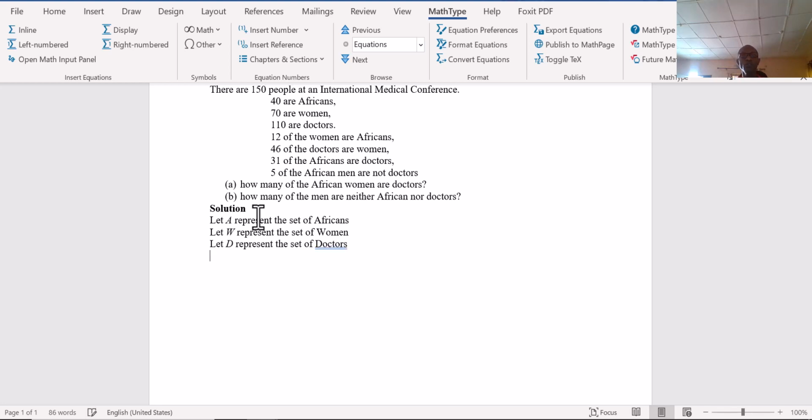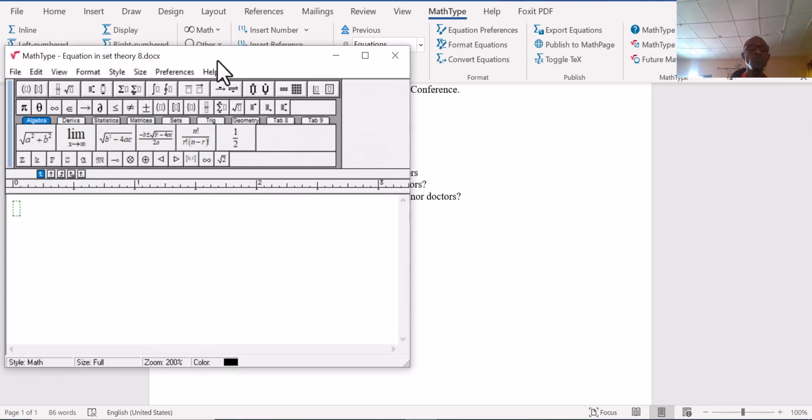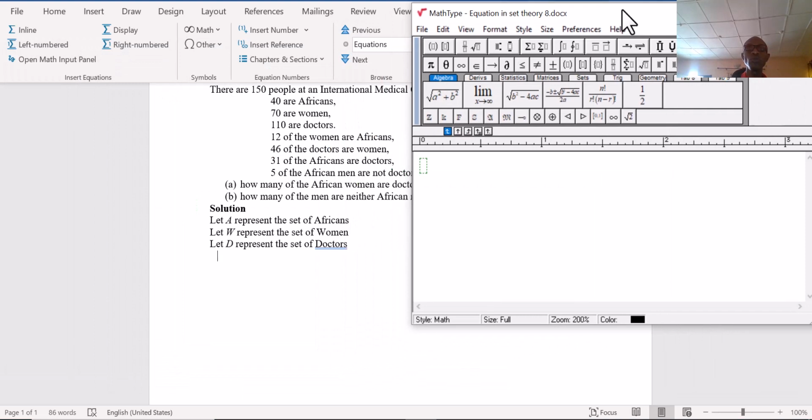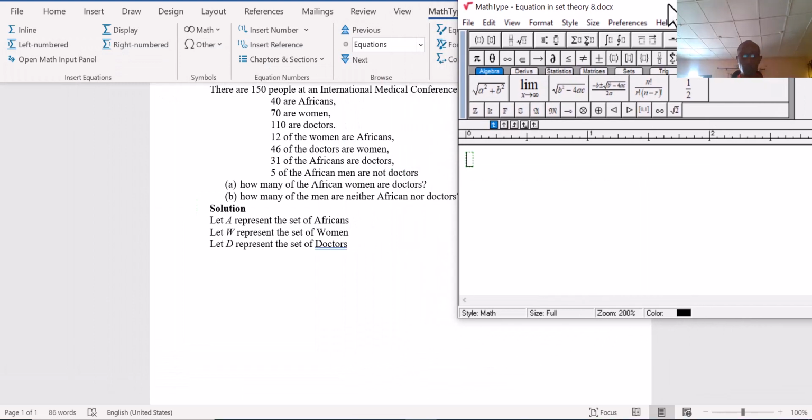So we have all this information that we are given. Now we need to represent them in set notation form. I'll be representing it: A, that's 40, the Africans.